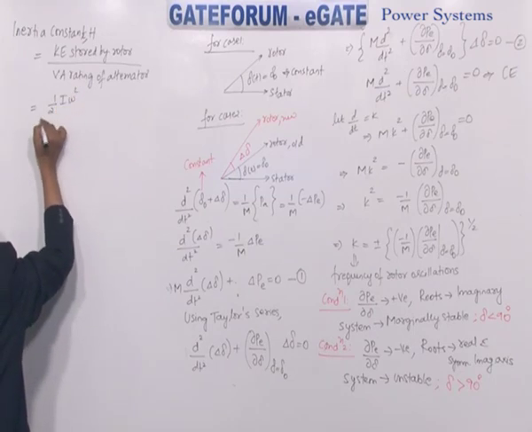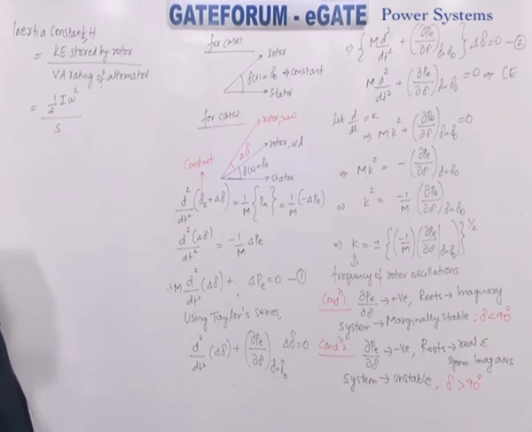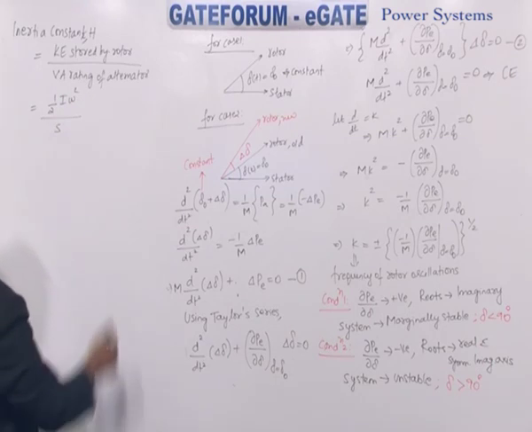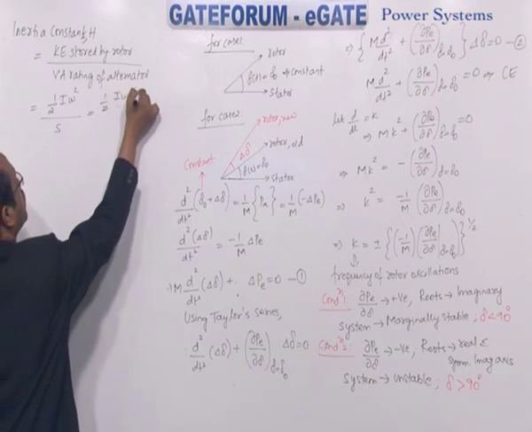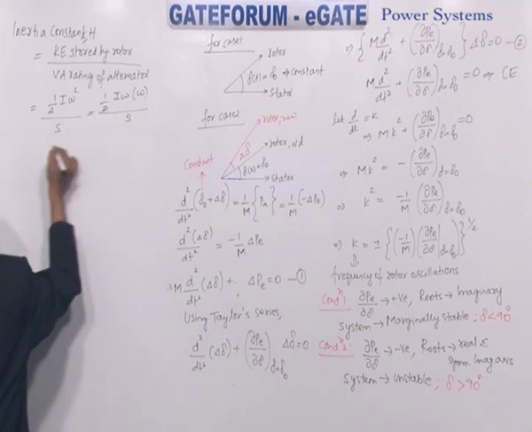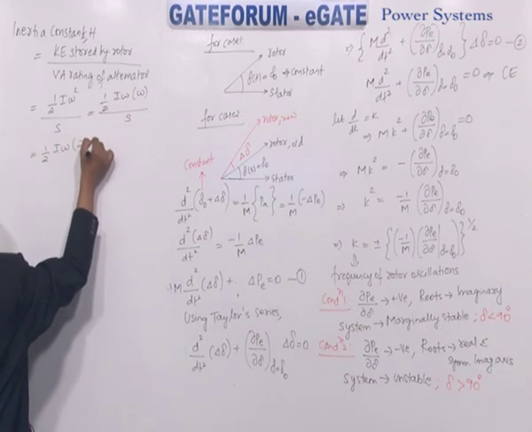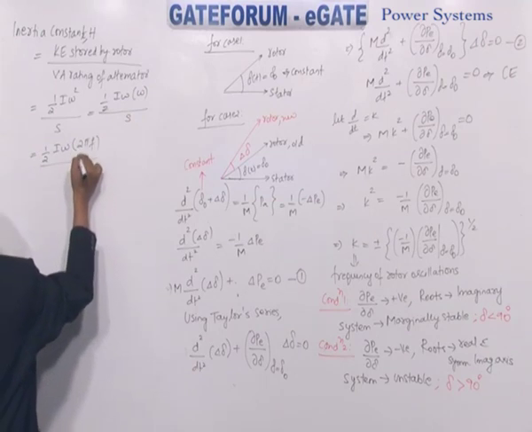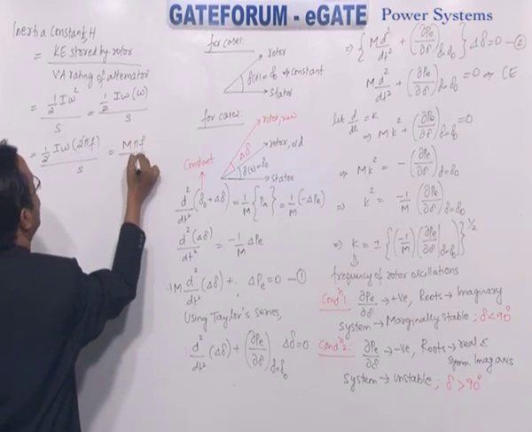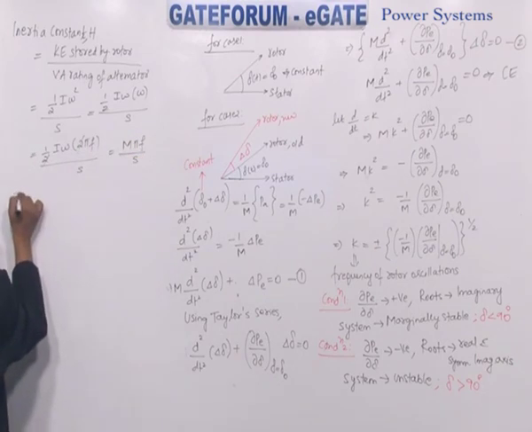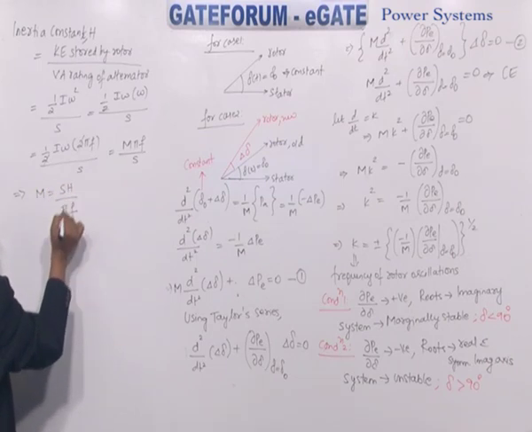Half Iω². Volt ampere rating, you write it as S. Now you simplify this. I write the ω separately. This ω you write as 2πf. 2 gets cancelled. Iω is M. So on simplifying, what M do you get? M = SH/πf.